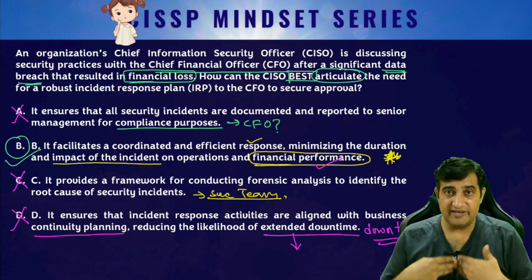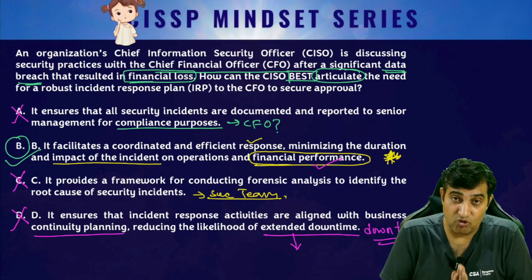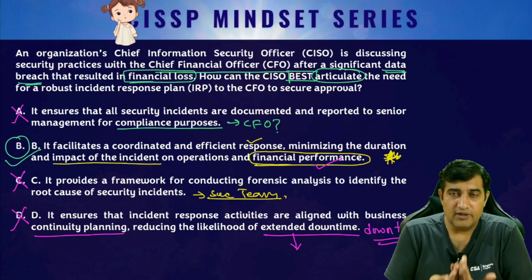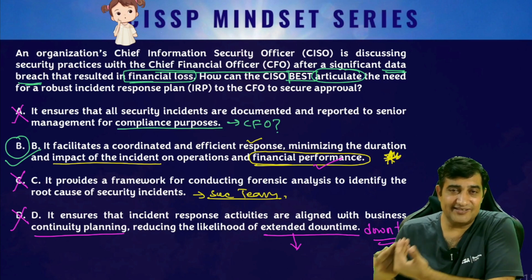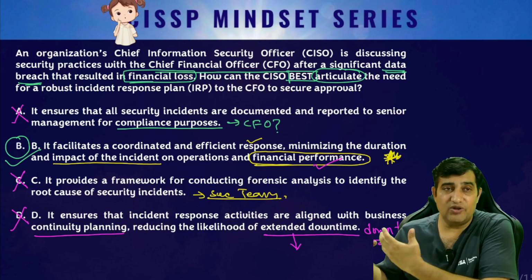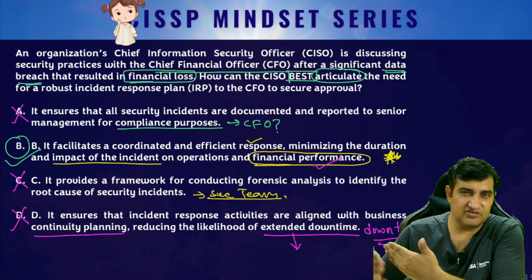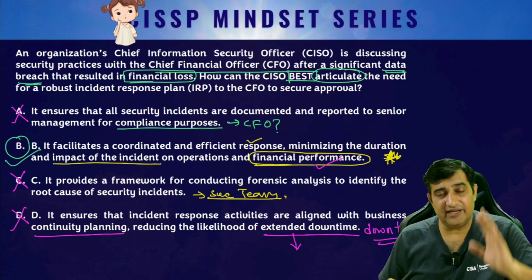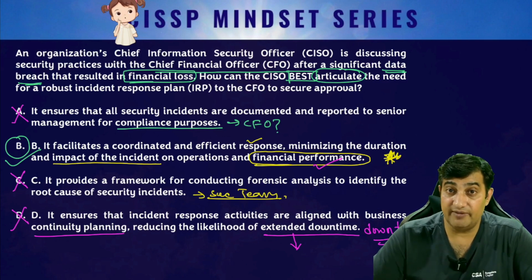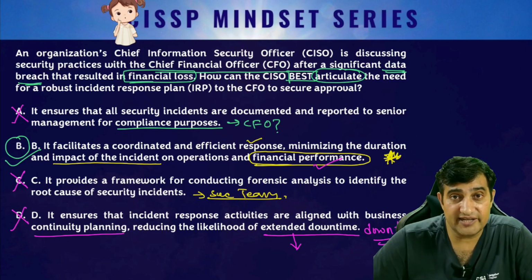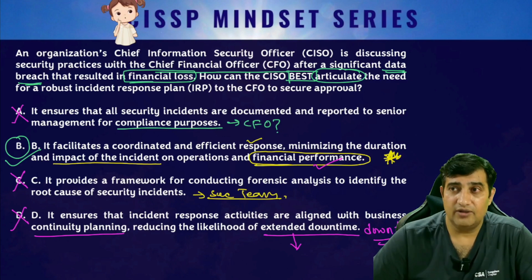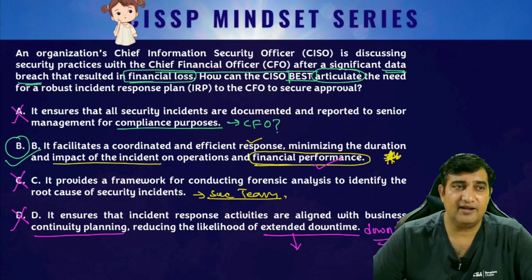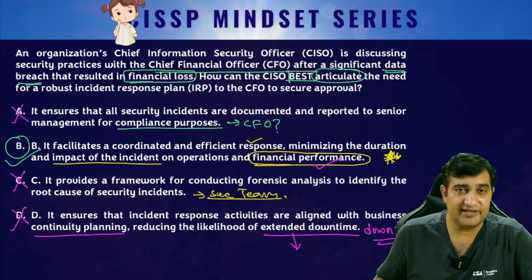In a change management team also you have to be extremely positive. Do not say no, say it is possible, but there is a risk associated with that, and this may also lead to this much financial impact and this and that. That is the way to communicate. That is a very important skill you should know as part of your CISSP exam. So I hope this gives you a lot of insight, and with that we will go to the next question.